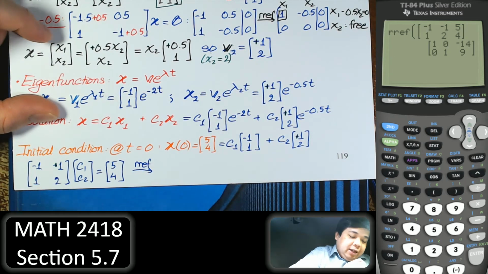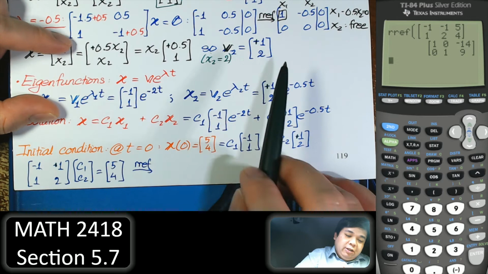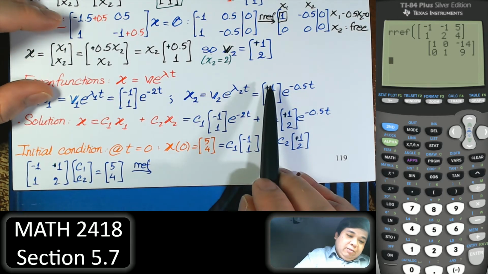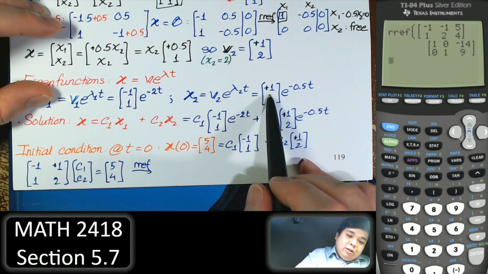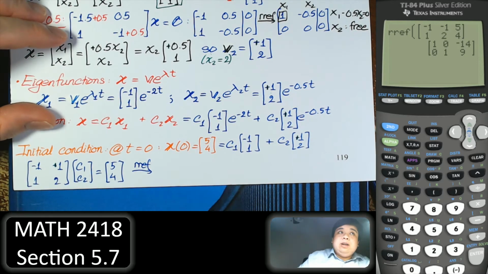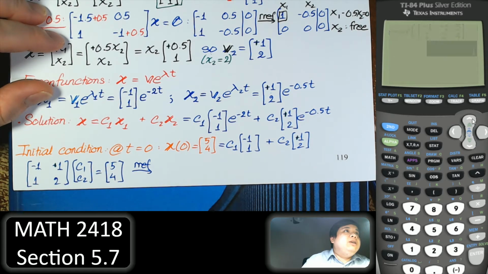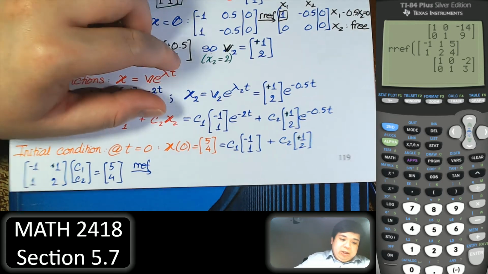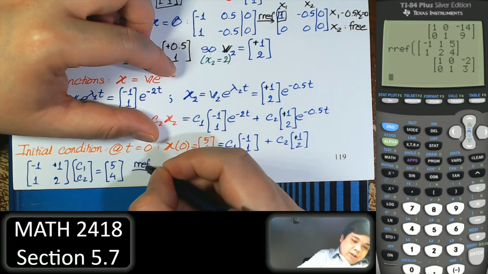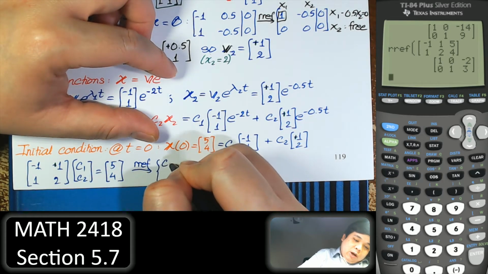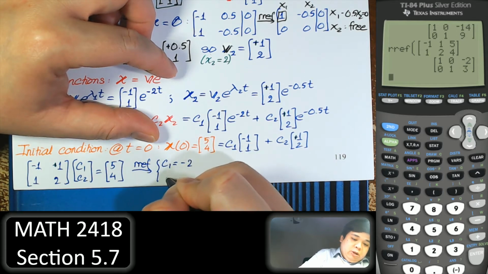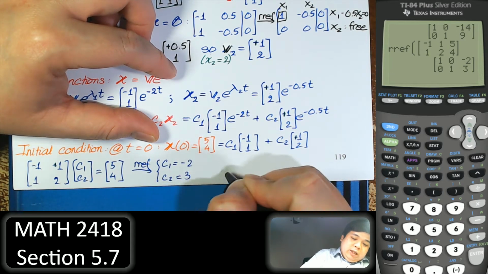Sorry, so that's 0.5, 0.5, and it turns to 1, 1, 1, positive. So negative 2 and 3. After that we have C1 equal to negative 2 and C2 equal to 3.